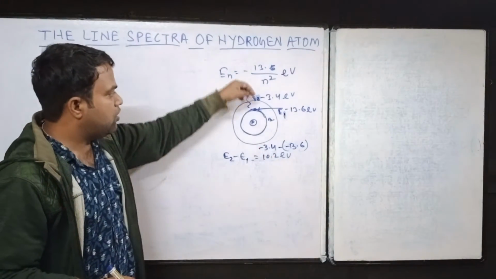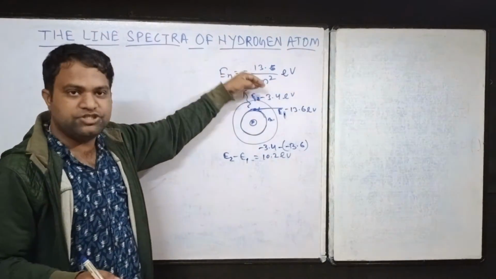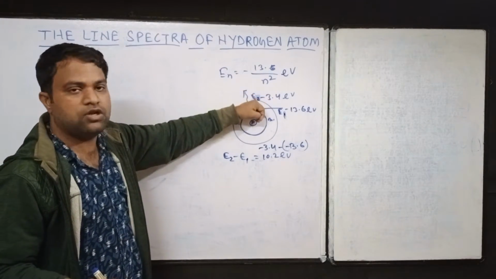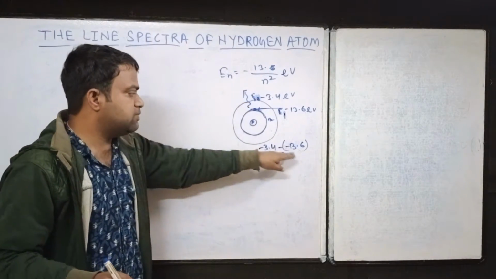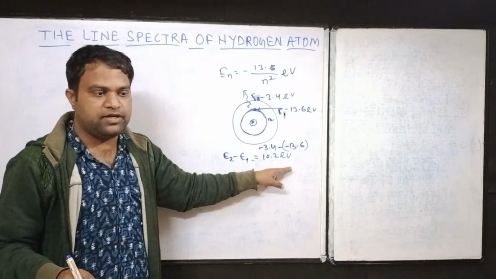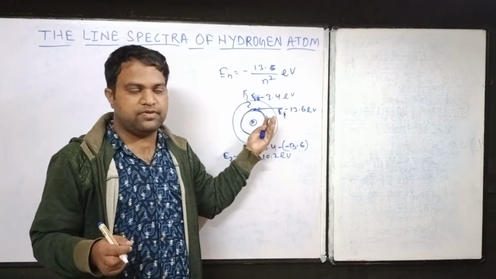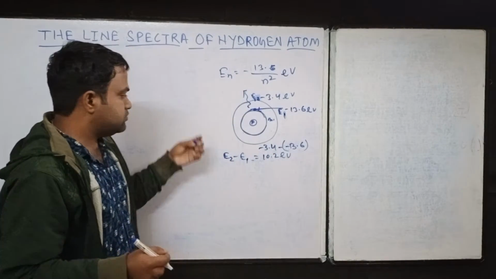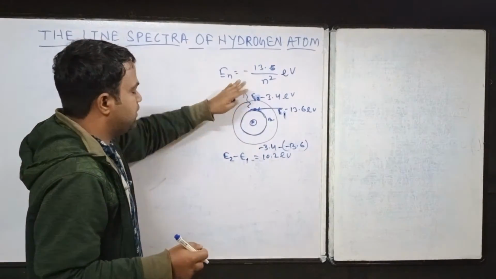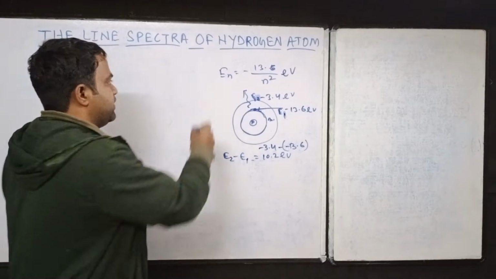That means when the electron jumps from the higher orbit to the lower orbit, it will emit this much energy, right? And each energy will be associated with a wavelength. So Balmer calculated an empirical formula.